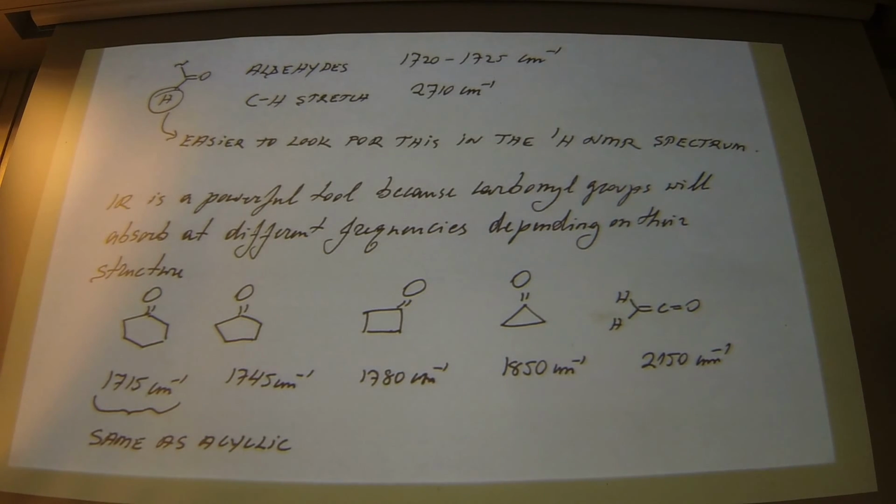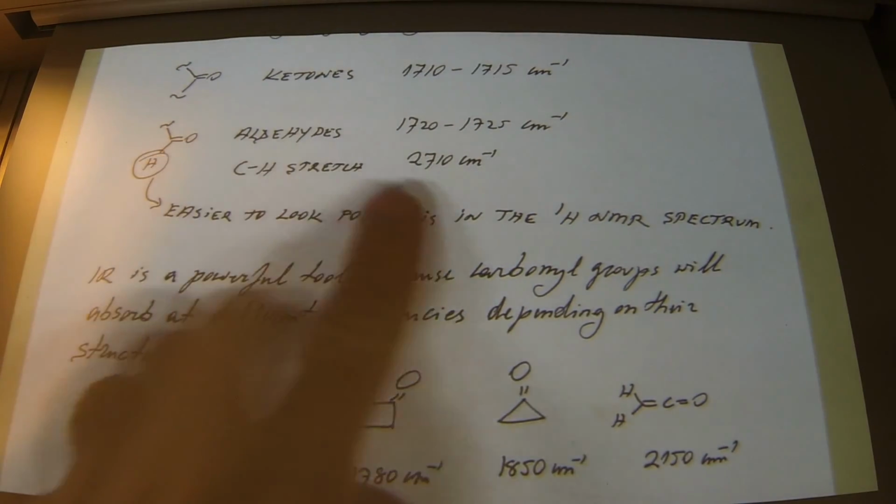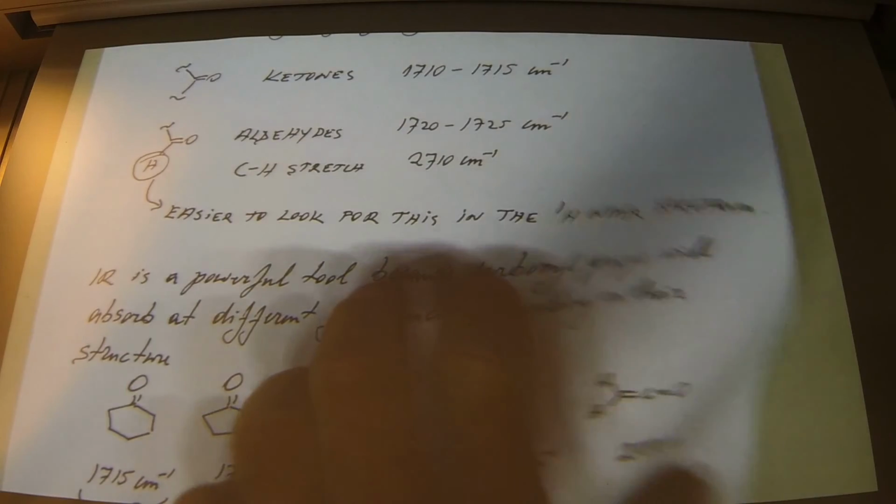We're going to see in later chapters that different kinds of carbonyls, carboxylic acids, esters, amides, have IR stretching frequencies that also are characteristic. For aldehydes, you even have the CH stretch, but as I indicated to you, it's much more useful to determine the presence of an aldehyde by the proton NMR.